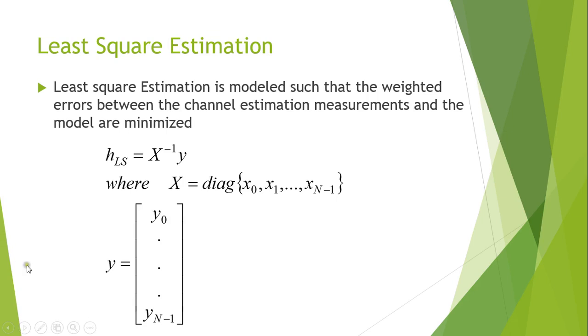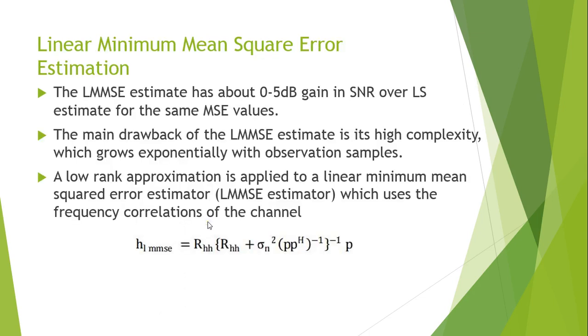And here we see the least square channel estimation, which is one of the block type channel estimations. This least square channel estimation is modeled such that the weighted errors between the channel estimation measurements and the model are minimized. So this is the mathematical representation of least square channel estimation, and it is very simple to implement compared to the other channel estimation algorithms.